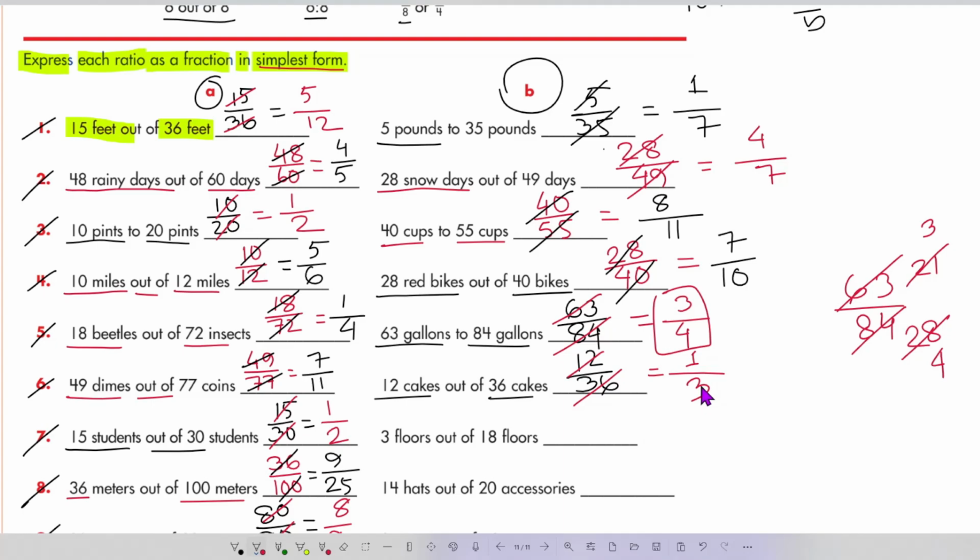So our answer is 1 by 3. Number 7. 3 floors out of 18 floors. So 3 by 18. It's a very simple thing. We can divide this fraction by 3. So 3 divided by 3 is 1 and 18 divided by 3 is 6. So 1 by 6 is our answer.